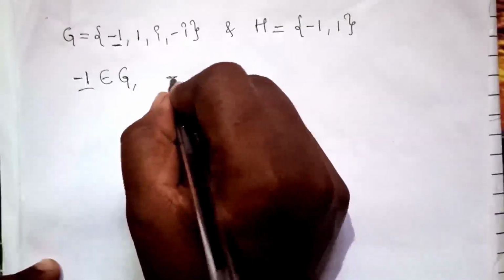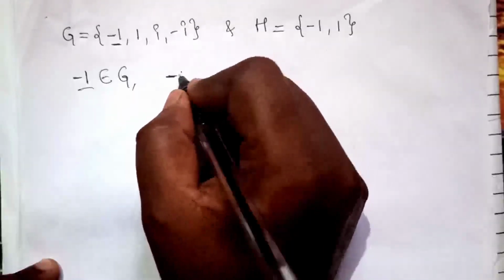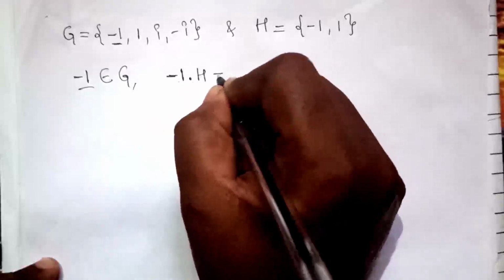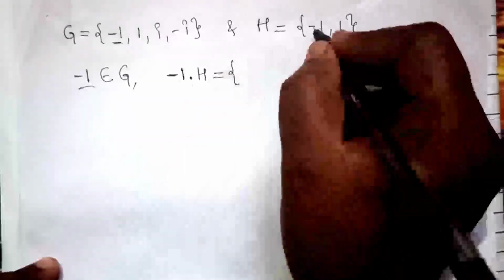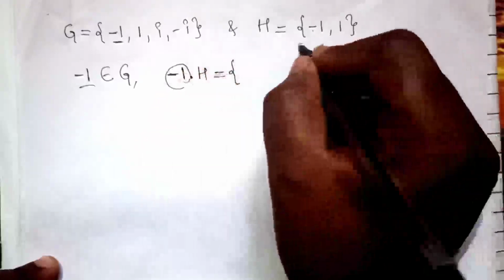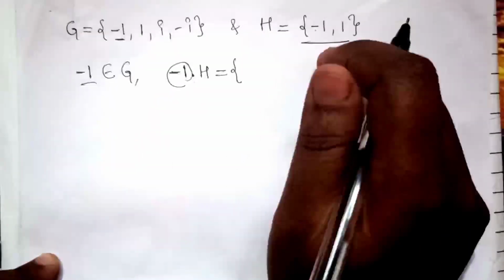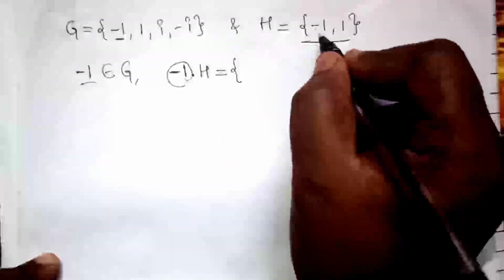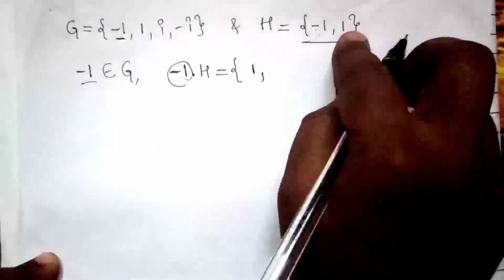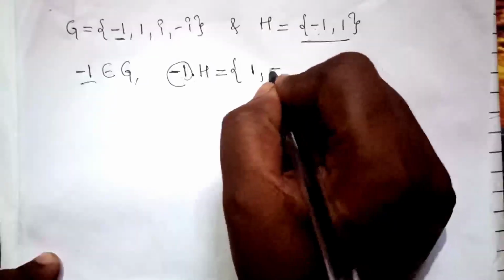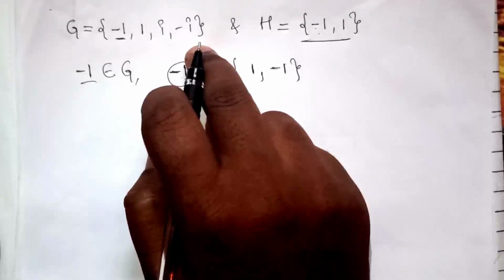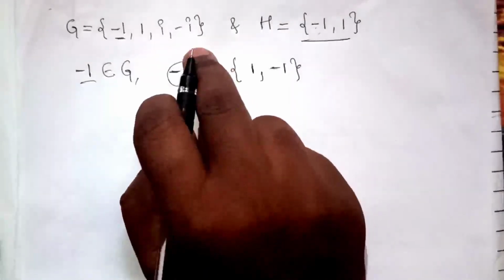So first we form the left coset, then the right. So -1 H equals to -1 into, so here we have to operate this -1 with both elements of the subgroup H. -1 into -1 equals to +1, -1 into 1 equals to -1. See here, in this group the binary operation is multiplication.